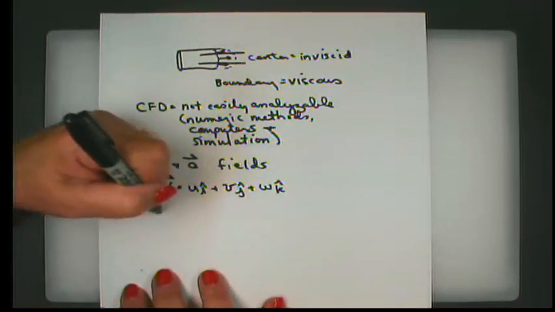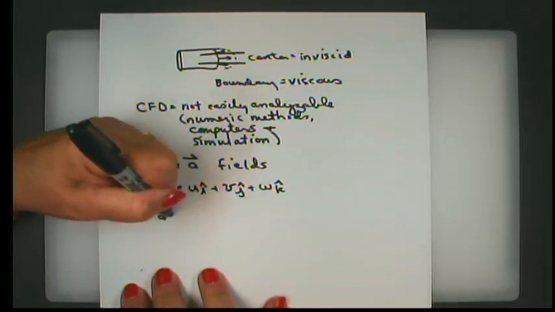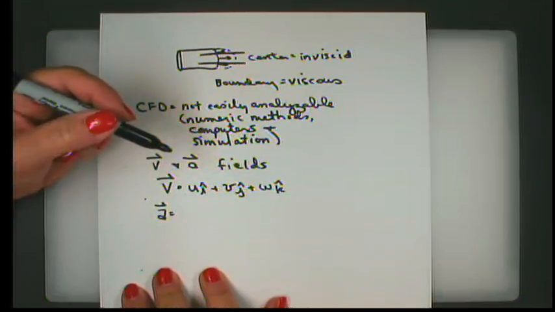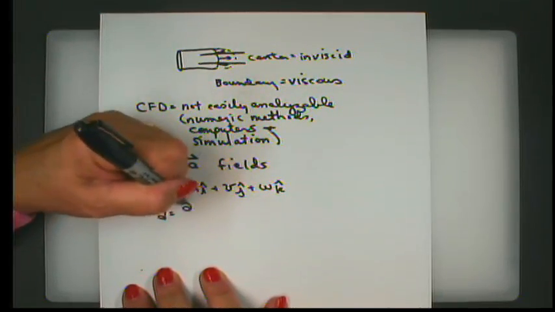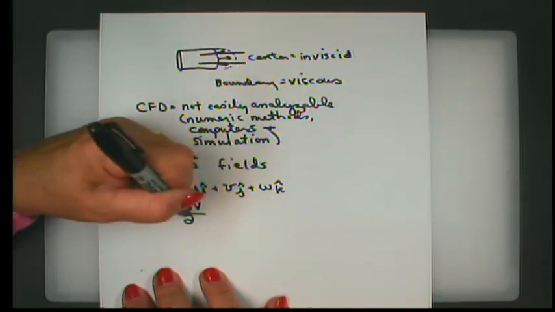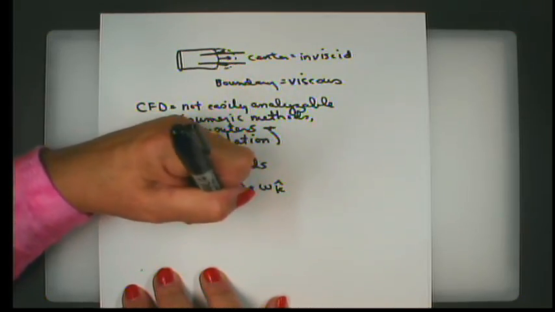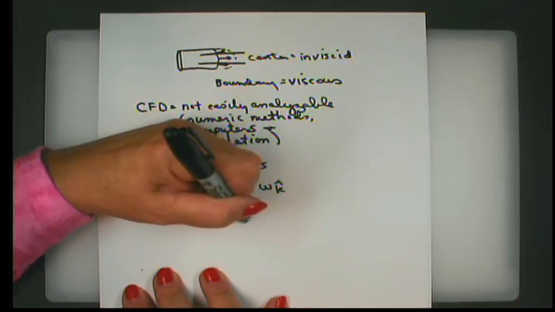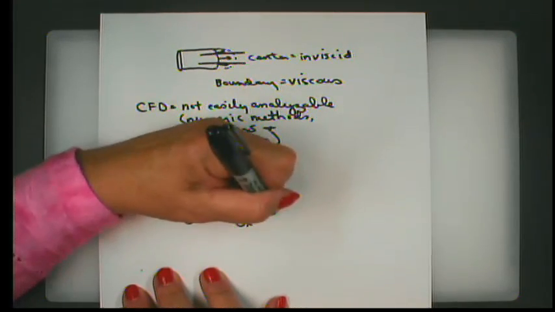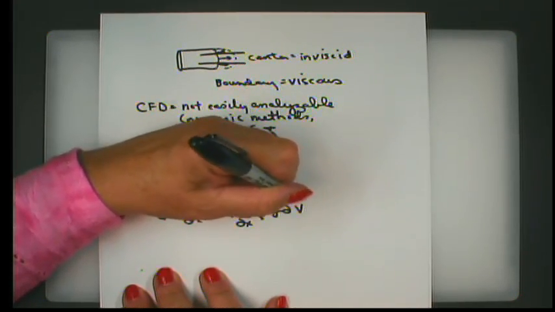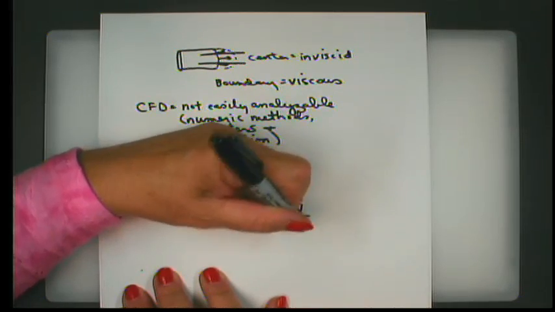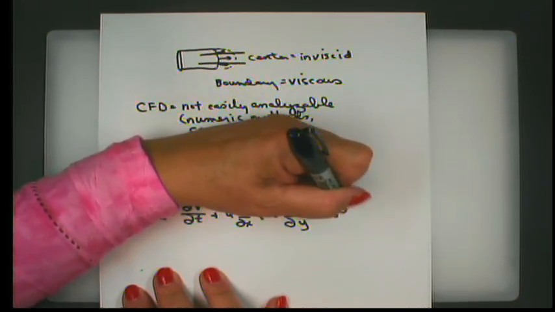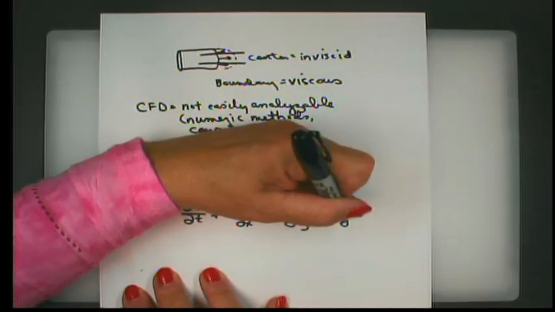And then similarly, if you recall, for acceleration, we had to take into account the time rate of change and the convective rate of change for each of those components. This is a rehash of what we've already done.